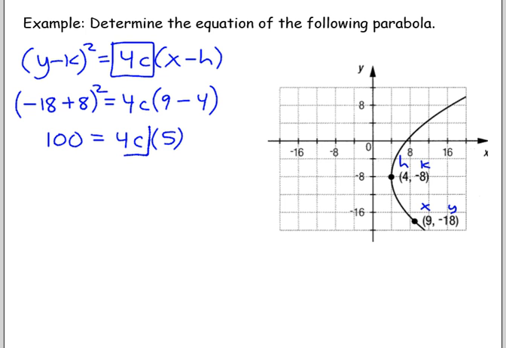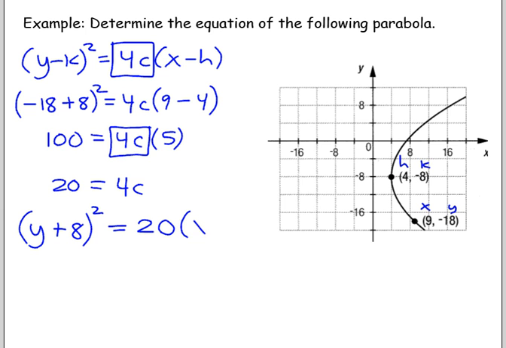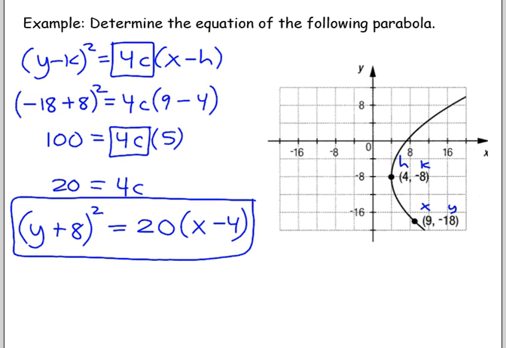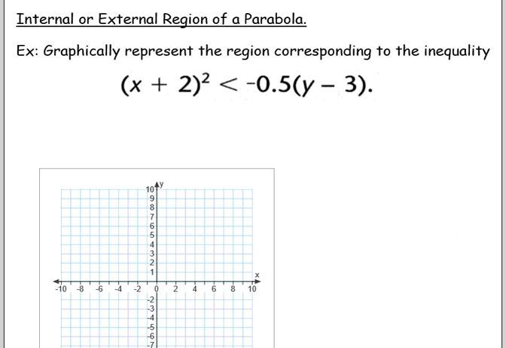We're looking for c, so we just divide by 5, and we get that 4c is equal to 20. So you should be able to write down your rule now. It's equal to 20 (x minus 4). There you go.